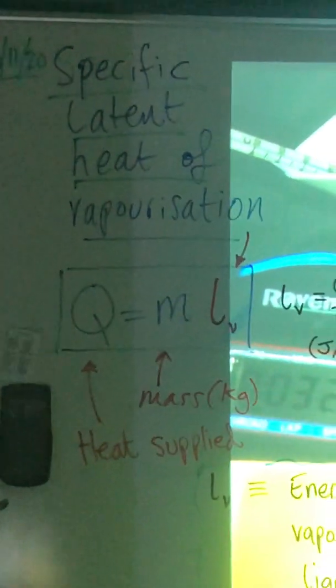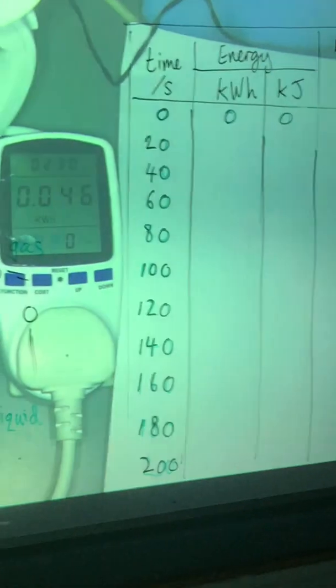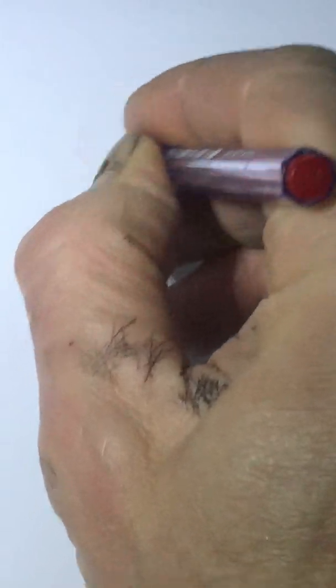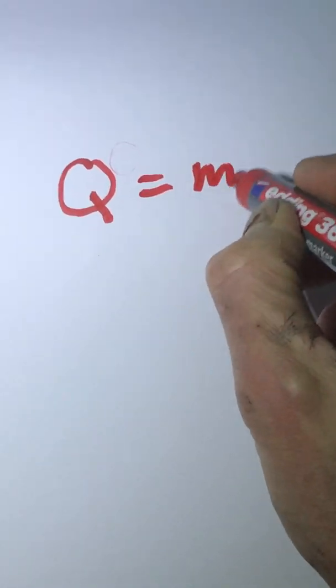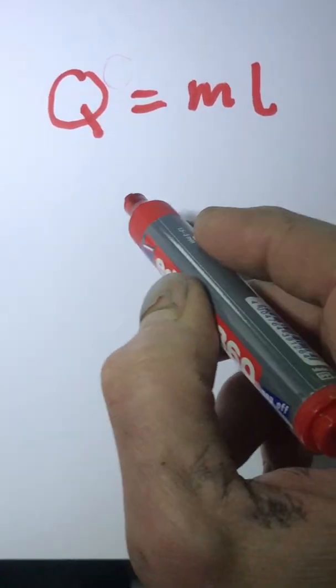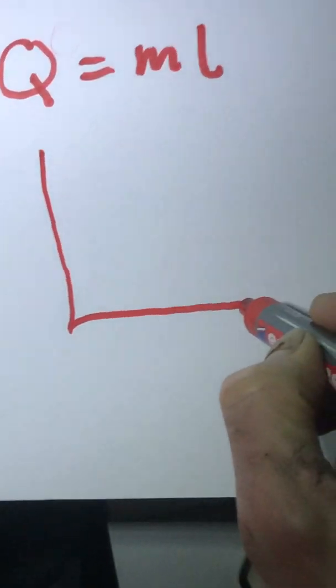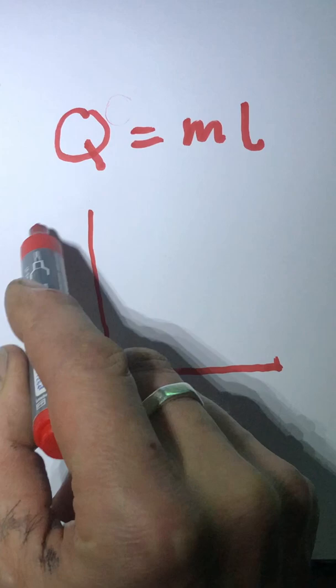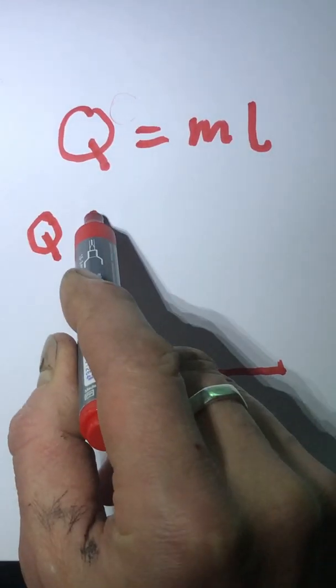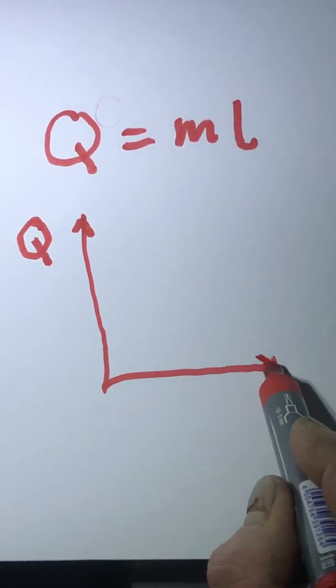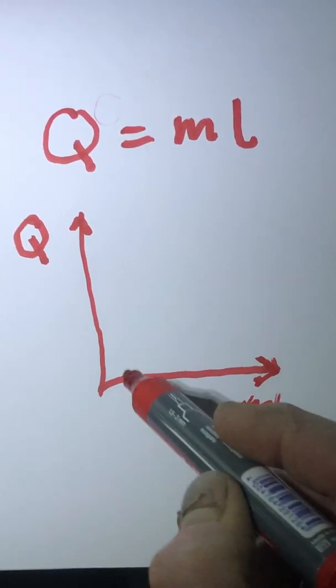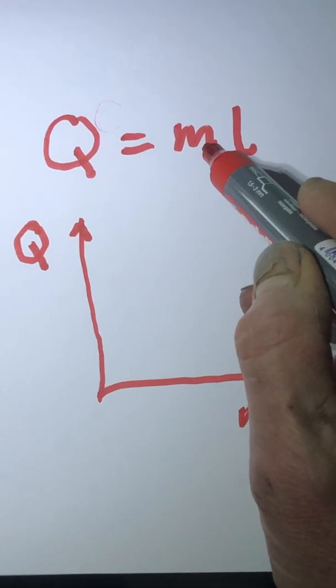So that's the specific latent heat of vaporization. What you need to do now with this data is you can draw a graph, because if you've got our equation Q equals mL, then if we were to draw a graph of the total energy input against the total mass that's been vaporized, then of course Q and the mass vaporized should be proportional.